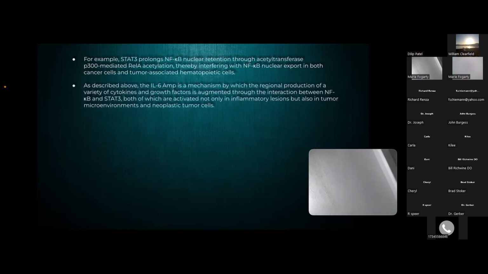As described above, the interleukin 6 amplification is a mechanism by which the regional production of a variety of cytokines and growth factors is augmented through the interaction between NF-kappa beta and STAT3, both of which are activated not only in inflammatory lesions, but also tumor microenvironments and neoplastic tumor cells.